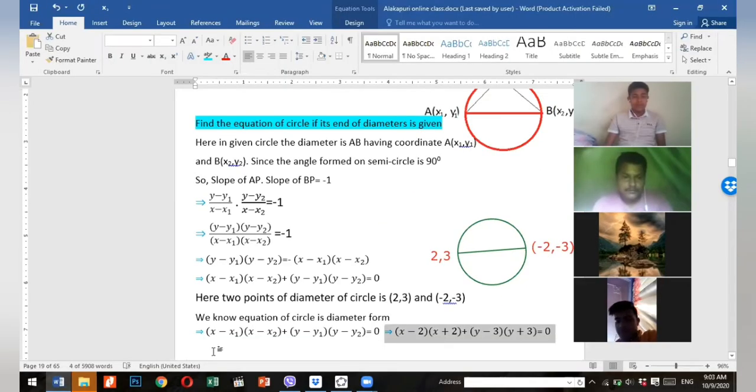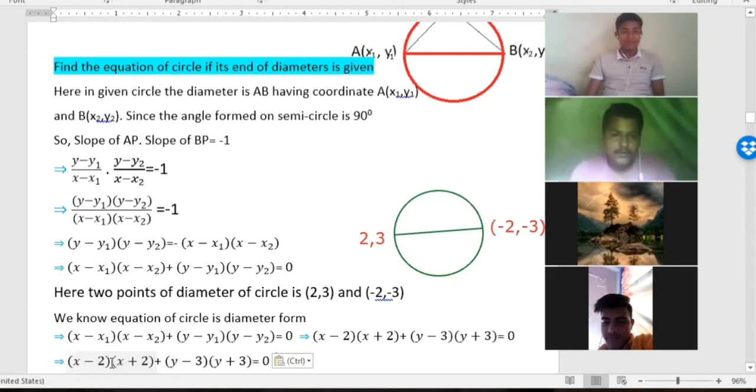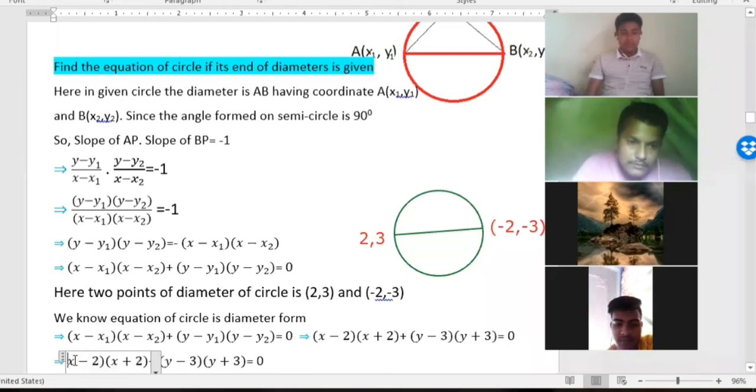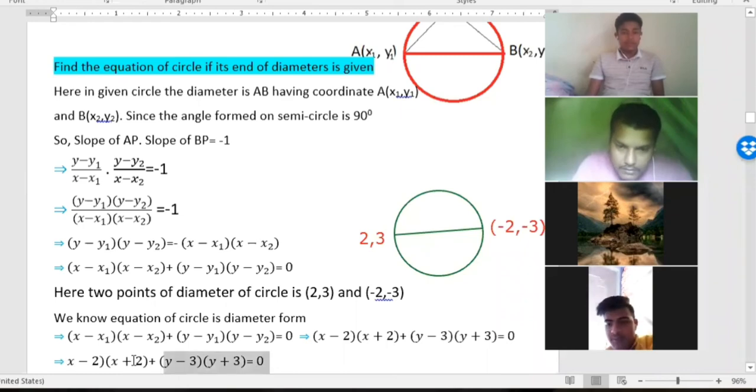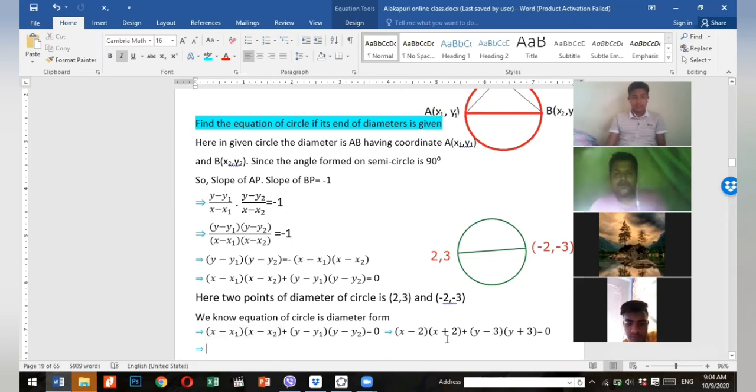Now we have to multiply. What will x multiplied by x be? It is in the a square minus b square form. x minus 2, x plus 2 gives x square minus 4, directly we can write.